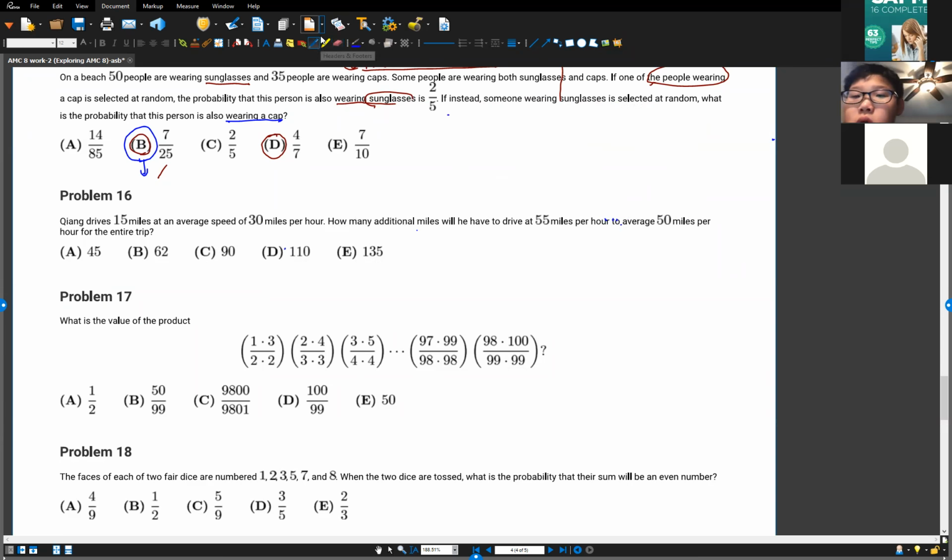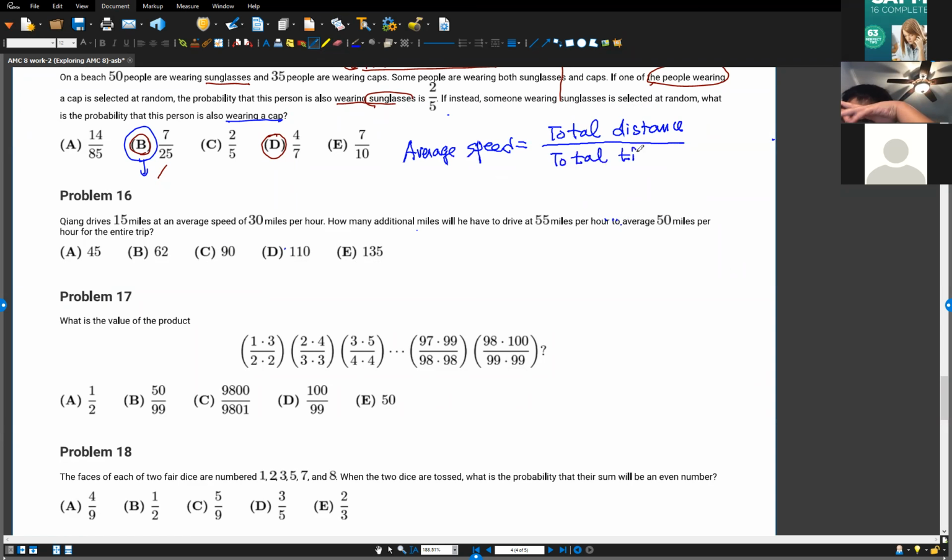All right. Average speed, one more time. Average speed is total distance over total time. That is average speed.